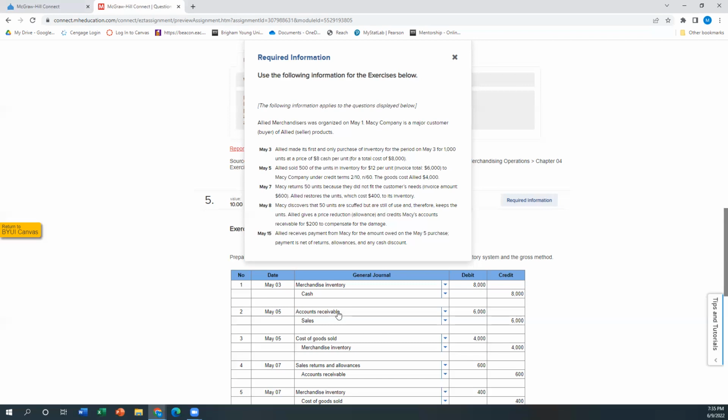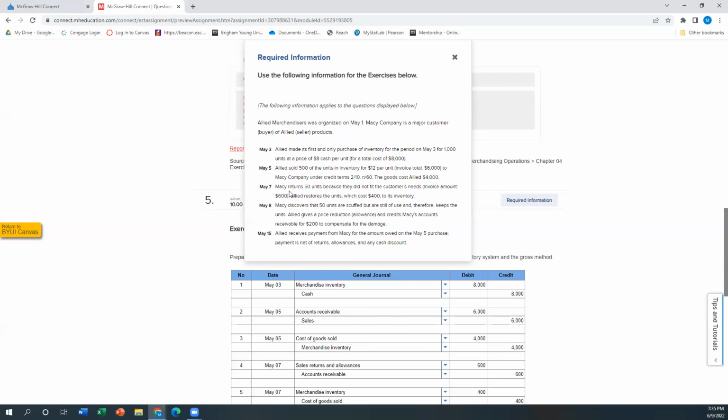The asset accounts receivable is going up, and we're going to credit sales, which is a revenue account, so sales revenue is also going up. Then the second part of that transaction is the cost. We're going to debit cost of goods sold, an expense, $4,000, and credit merchandise inventory, showing this inventory is leaving us, so our assets are going down and going to the person who's buying it.